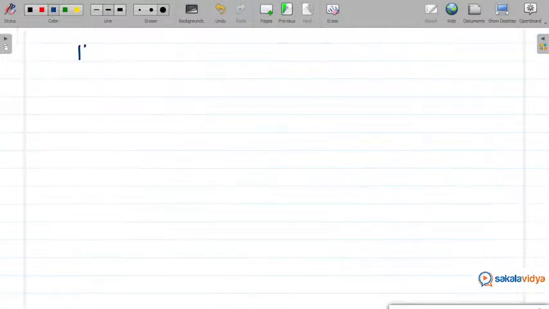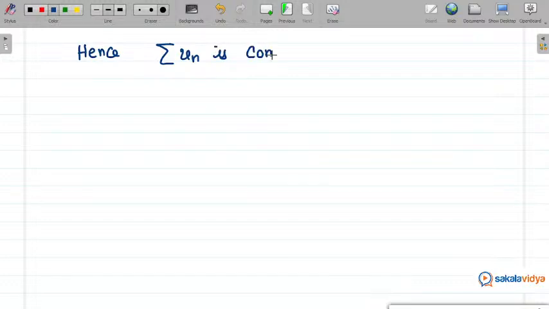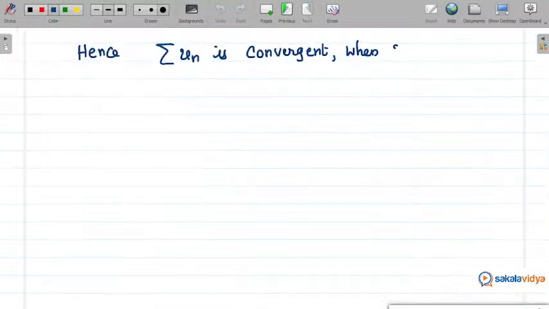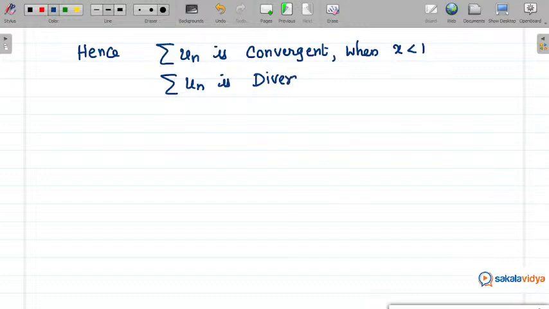So hence sigma un is convergent when x less than 1, and sigma un is divergent when x greater than or equal to 1.